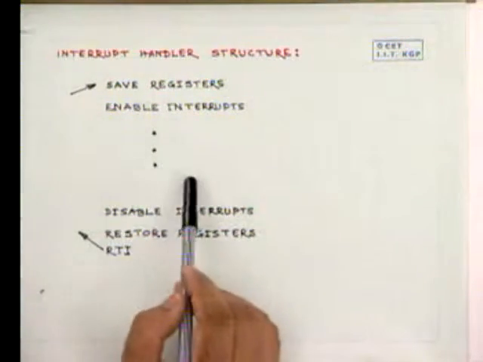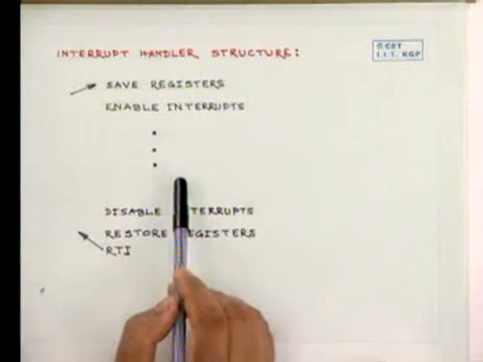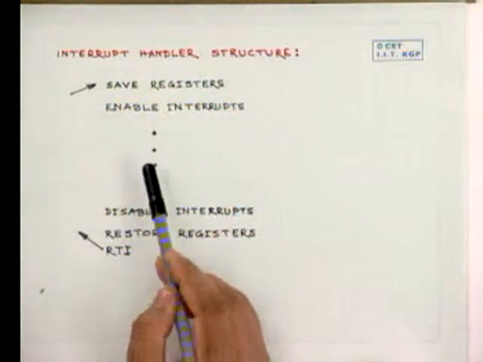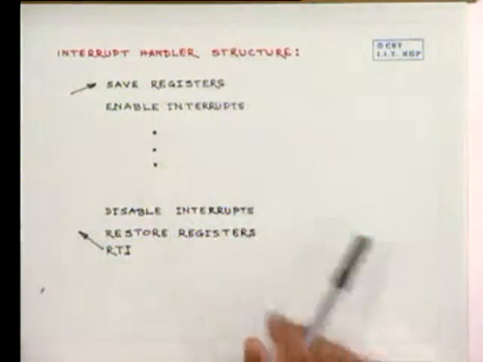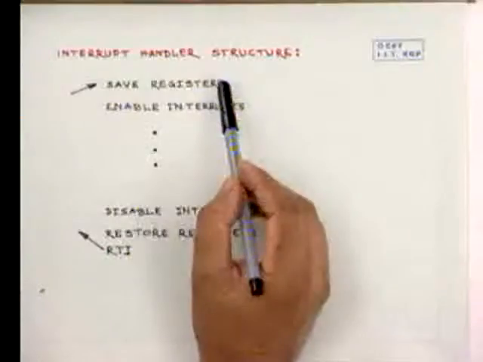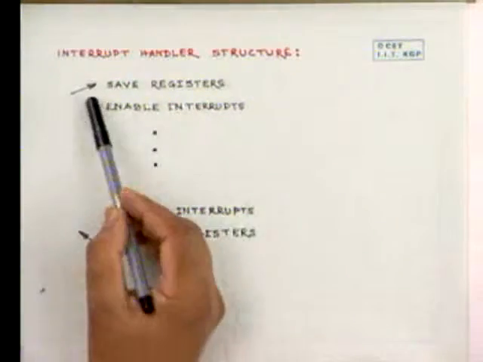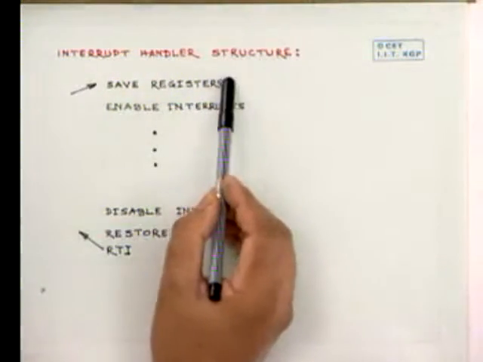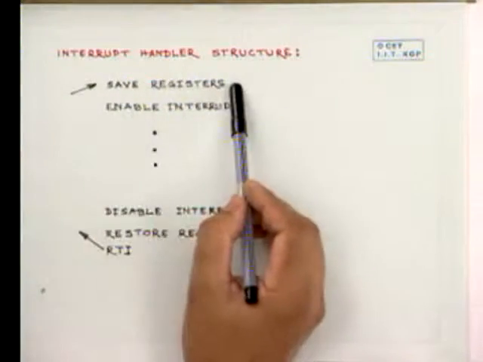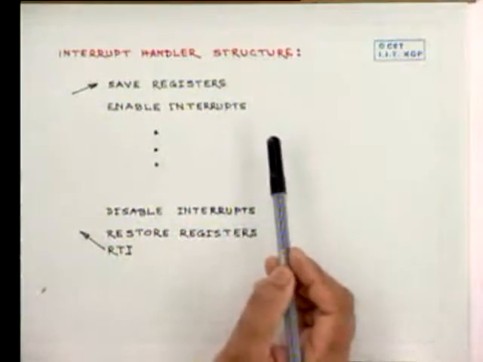Mostly these device interrupt handlers are small, and in that case a complete context switching, that means a complete change of the total environment under which the program is being executed, need not be done. What exactly we mean by context switching, we'll see once more when we discuss the operating system. But some changes naturally have to be done. For example, if the interrupt handler wants to use the registers, the register values have to be saved in memory locations.